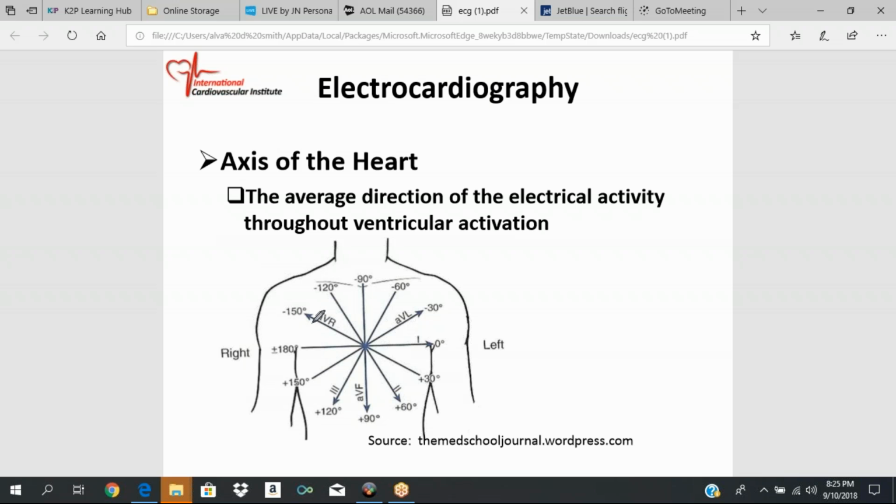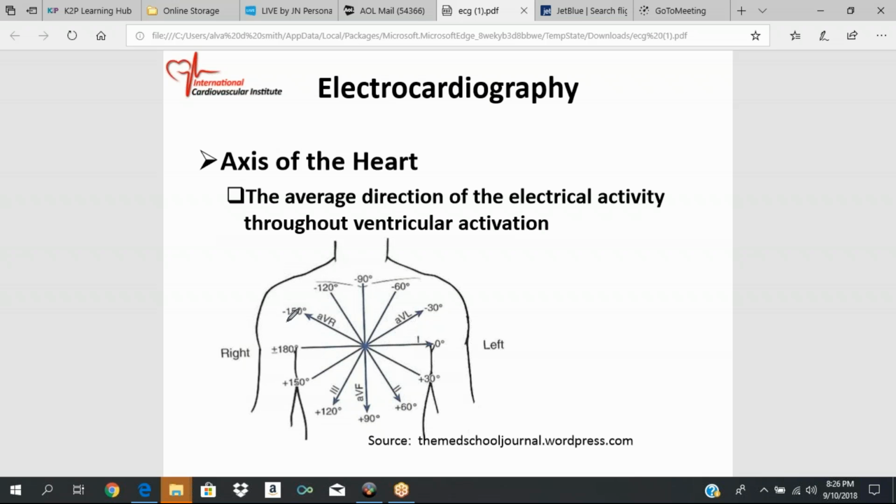And positive AVR is minus 150 degrees. Okay? So if AVL is positive, it's going to subtend an angle of minus 30 degrees. If AVL is negative, it's going to be down here, which is plus 150.